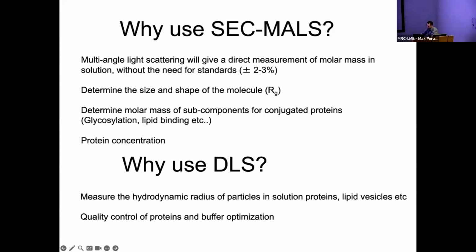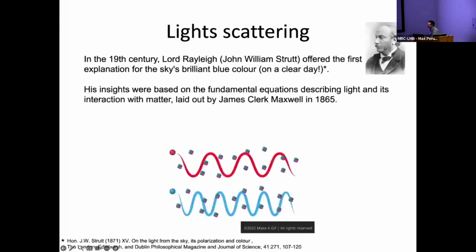Okay, so I'm going to do a few slides now just on light scattering, just to introduce the physical properties of light. And then I'm going to go on to how we actually use these techniques. There are lots of people who worked on this, obviously in Cambridge, so we've got Lord Rayleigh, who made an explanation for why the sky is blue. He did it based on the observations from James Clerk Maxwell.